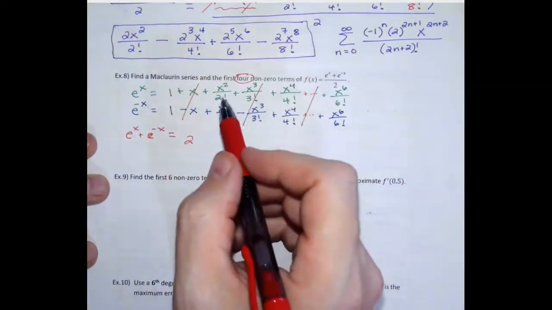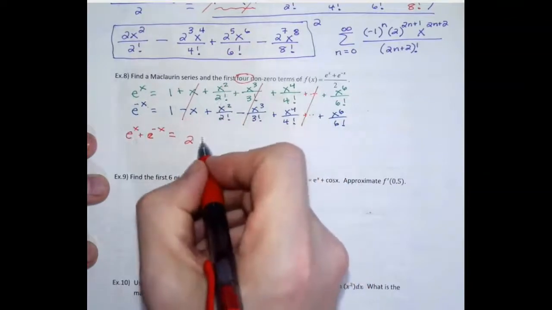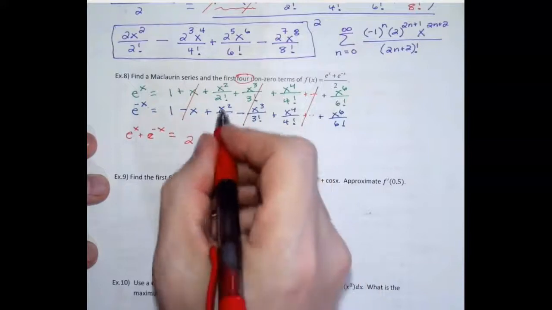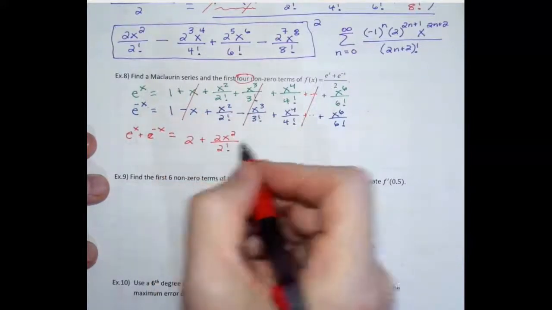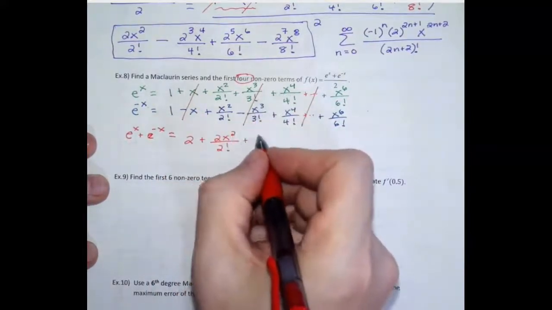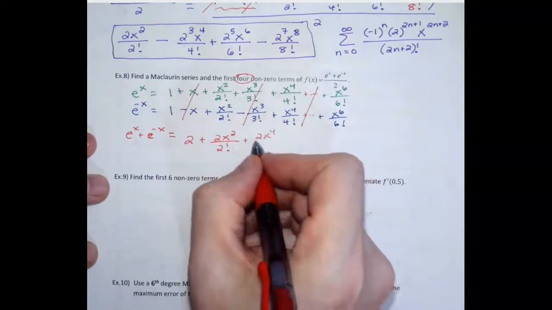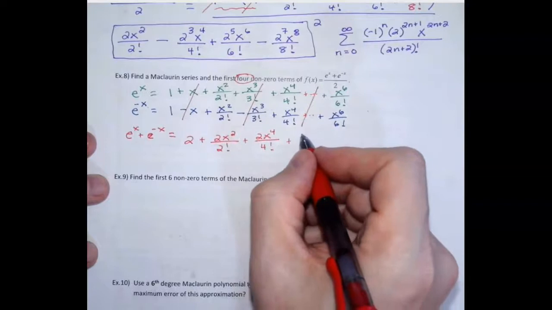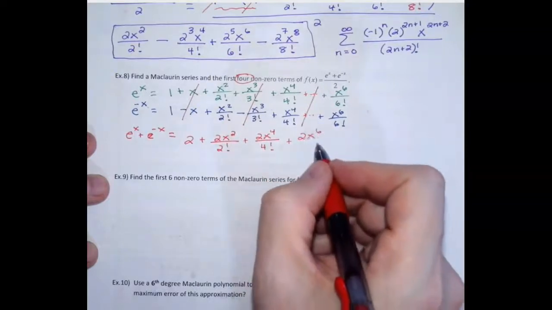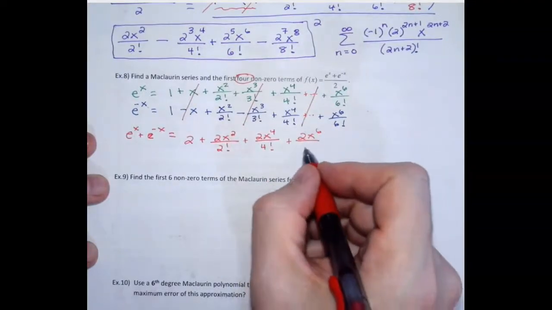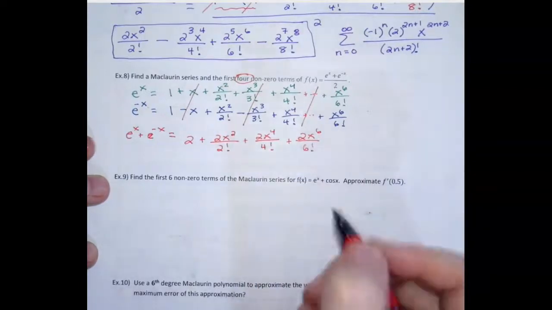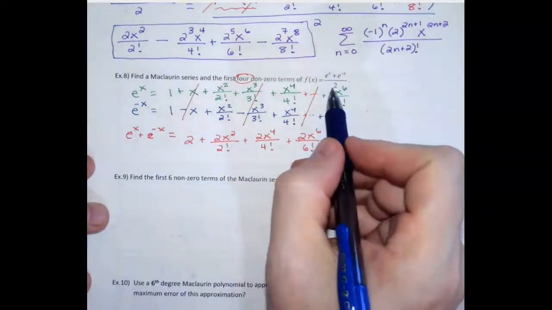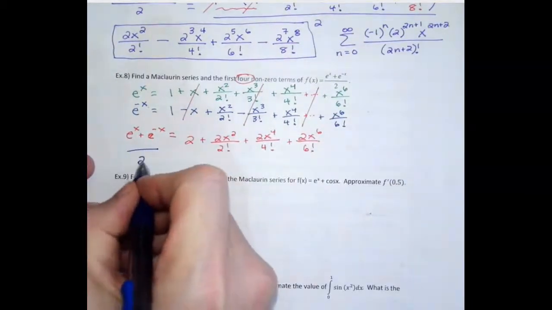And then I'm going to have 2 of these, so 2x squared over, I already have a common denominator, 2 factorial, and then plus 2x to the 4th over 4 factorial, and then 2x to the 6th over 6 factorial.